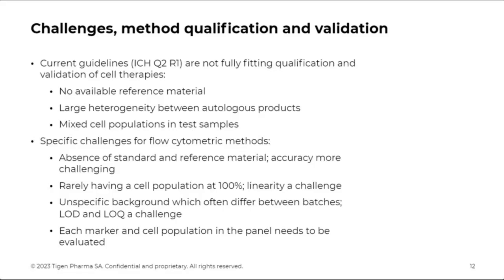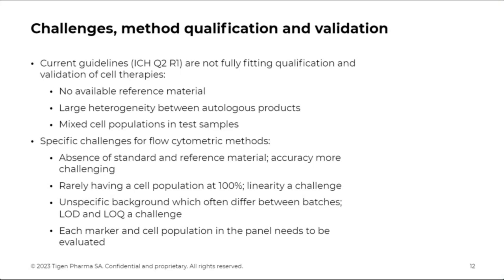The current guidelines that we are following when qualifying and validating our assays, the ICH guideline Q2(R1), do not fully fit the qualification and validation of cell therapies, because they are not updated with the information.